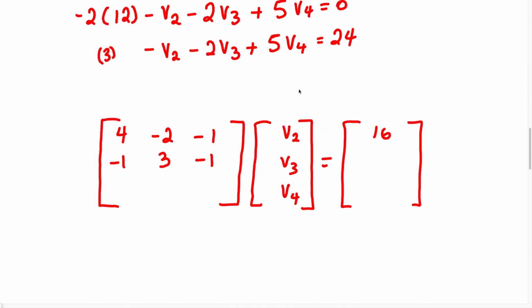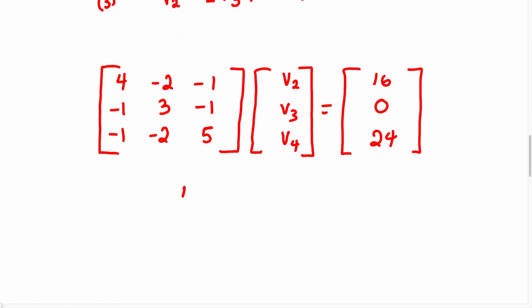Now for equation number 3, which is node 4, we're going to have negative 1, negative 2, and positive 5. And that's going to equal 24.